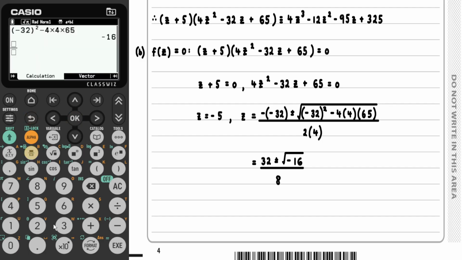So now if I input this, I have 32 plus the square root of negative 16, over 8. So we would have 4 plus a half i, and of course we would also have 4 subtract a half i, or equivalently 8 plus minus i over 2.